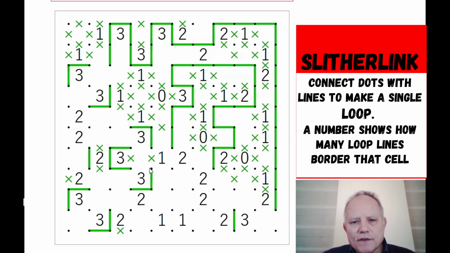I could instead have lines on both the horizontal sides of the 3s. Now I'm just going to speculate, because I think this is unlikely. If there was a line to the left of the 3, that would have to come out there. This couldn't come out next to the 1, so it would come out there.